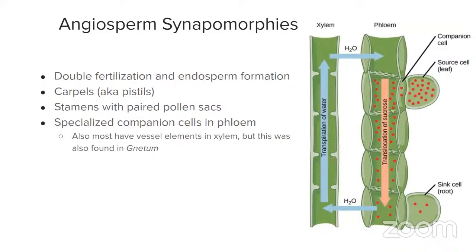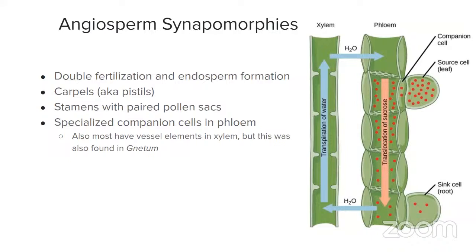Some of these terms you'll see a couple of times, so don't worry too much about the jargon today. I am also recording, so you can come back to this after we've talked about these things a bit more. A second angiosperm synapomorphy is a structure called the carpel, which is related to a structure called a pistil, which is basically just a bunch of carpels fused together.